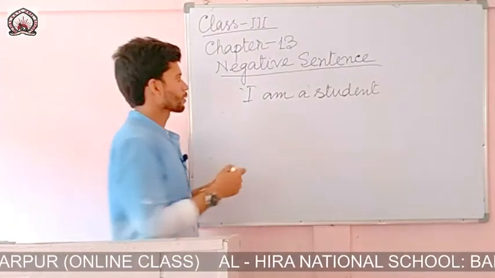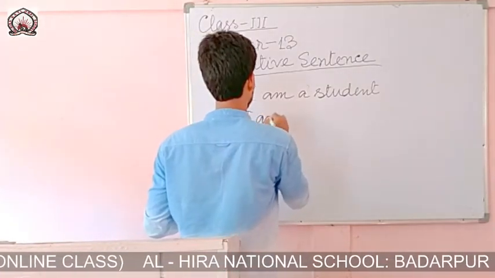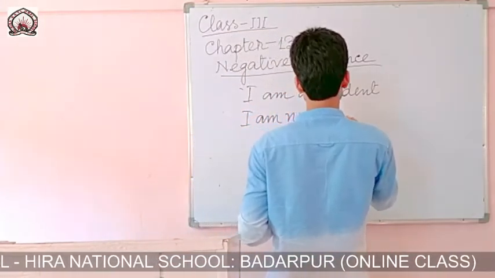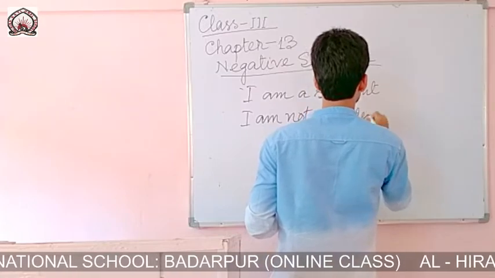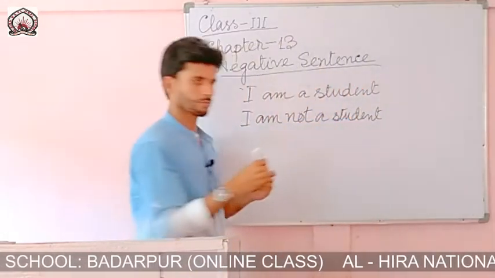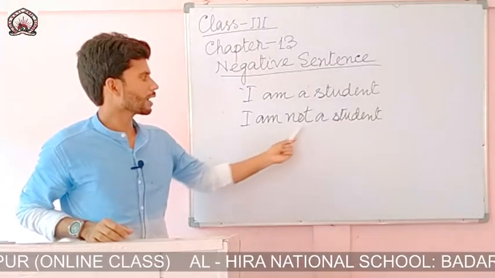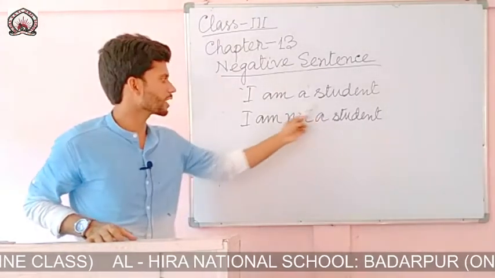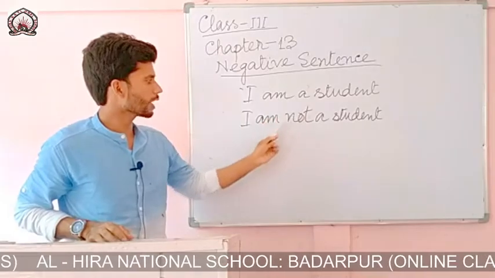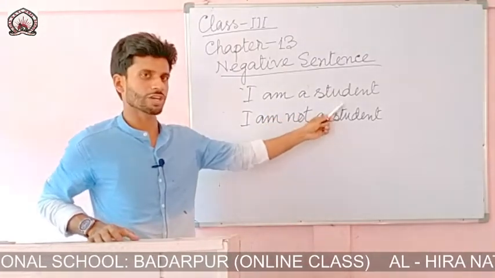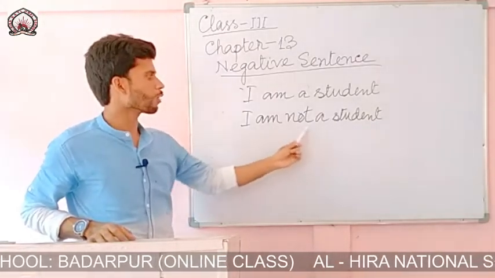I am not a student. Now it has become a negative sentence. This one was positive and this is negative. If was is there, if I was a student, then the negative will be I was not a student.